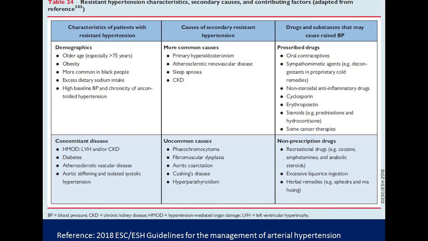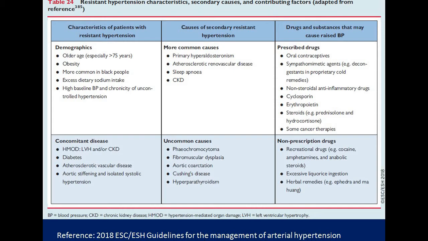The patients usually are of older age, obese, mostly black people with excessive dietary sodium intake and high baseline blood pressure, and these people also have concomitant diseases like CKD, left ventricular hypertrophy, diabetes, and other atherosclerotic vascular disease.